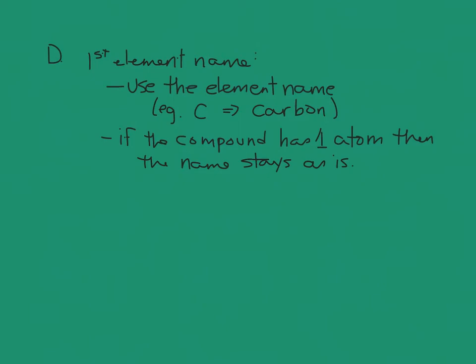If there's more than one atom of the first one, you need to use a numerical prefix. We'll do a few examples in a minute, so this should make sense.